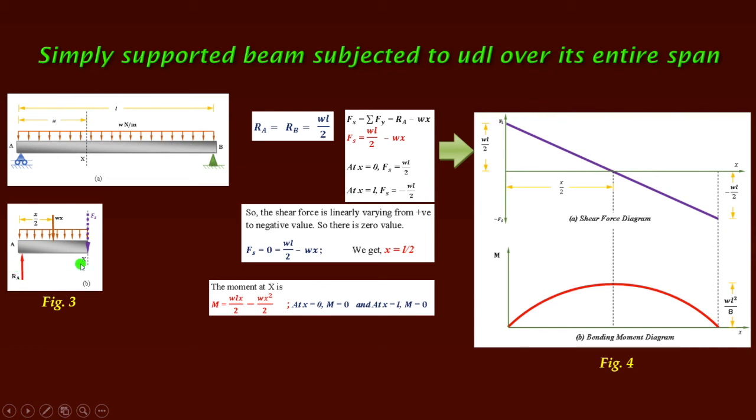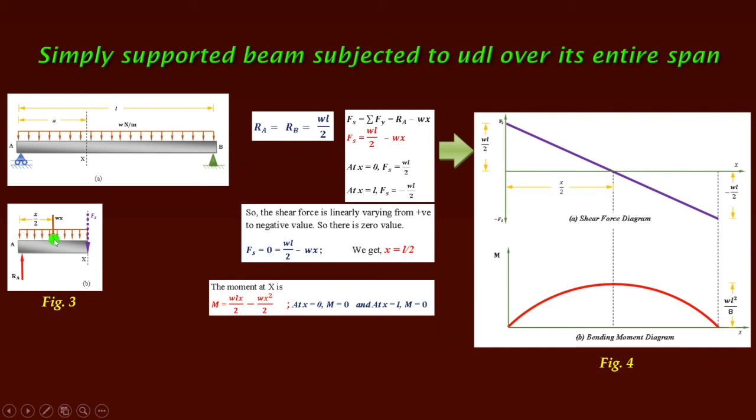X is the distance here. Ra into x. Value of Ra, omega L by 2. So the moment due to Ra is omega Lx by 2. It is clockwise. So consider it is a positive, minus omega x into x by 2.